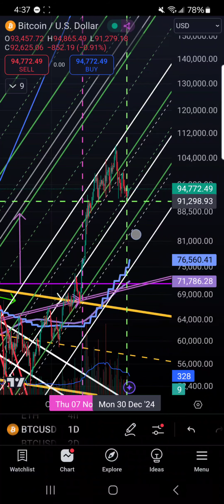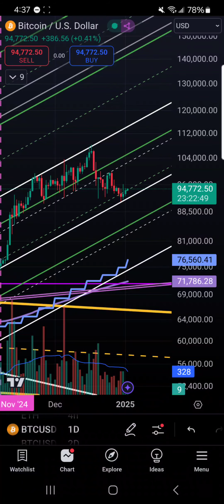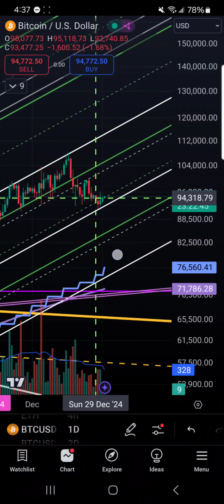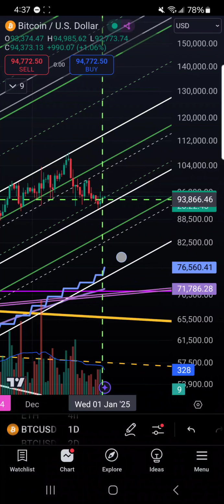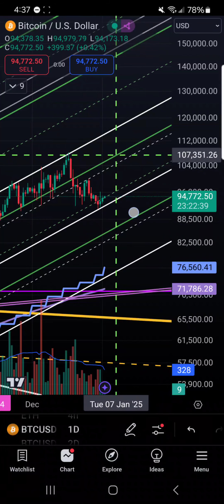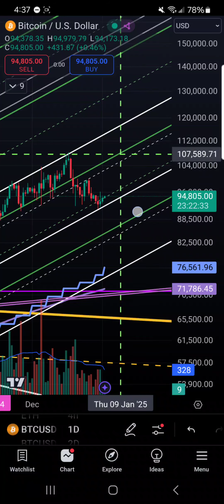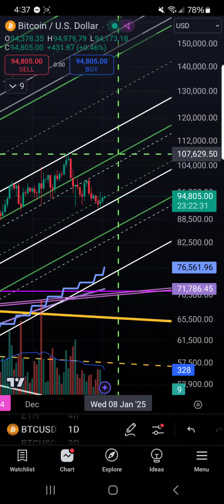And what I think here is then that we maybe come up and get a double top at about 108. That would be around the 8th, 9th of January. That falls in line with where we typically see a pullback in January.